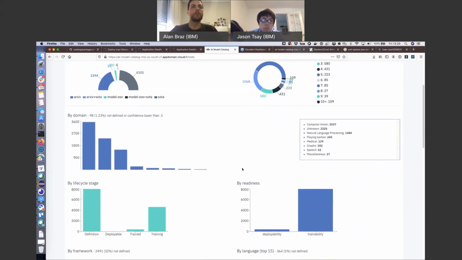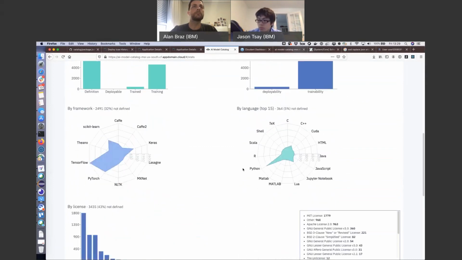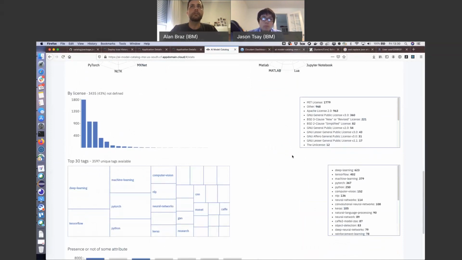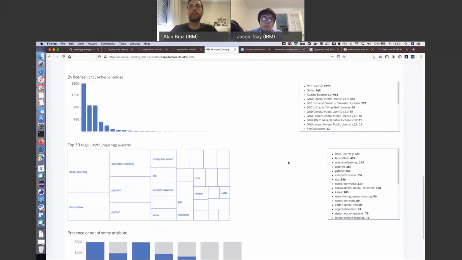We can also visualize by language, and by framework and language. We can see TensorFlow is the most popular, at least in this data set that we extracted, followed by PyTorch, and this is the distribution of the AI frameworks used, as well as the languages, where Python and Jupyter Notebooks are the dominant ones. We also have more data here to analyze, like license or tag cloud.